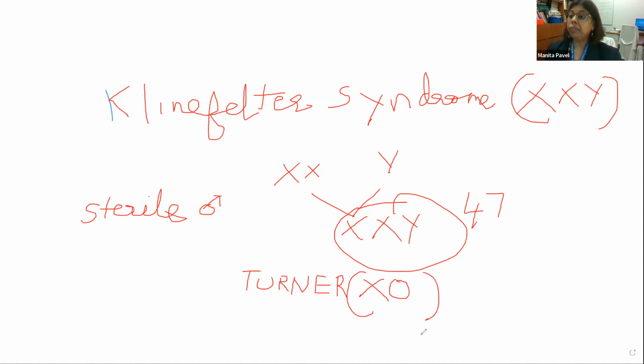What does O stand for? O stands for the missing chromosome. So these individuals are going to have 45 chromosomes rather than 46. Now, what is that missing chromosome? It's an X chromosome. So once again, these individuals have underdeveloped sex organs.